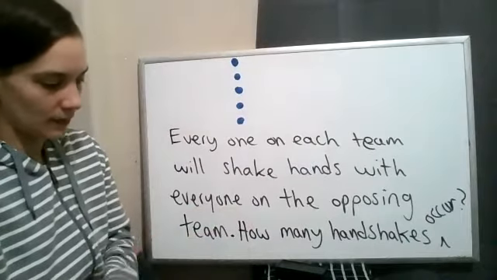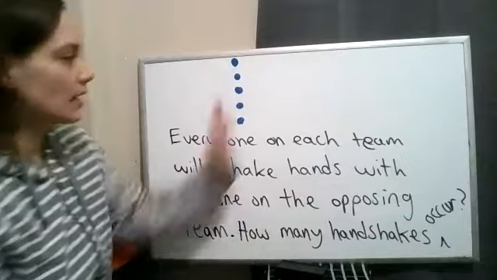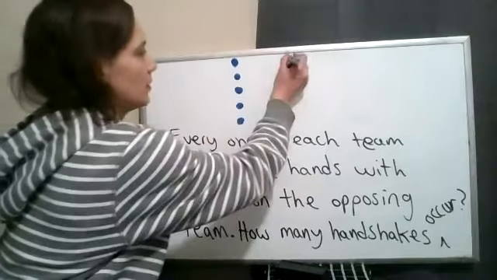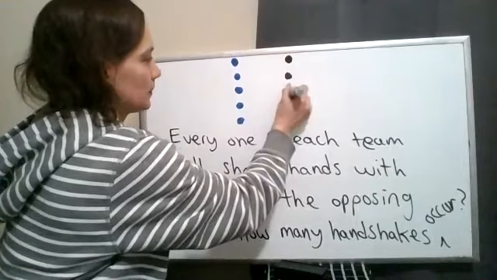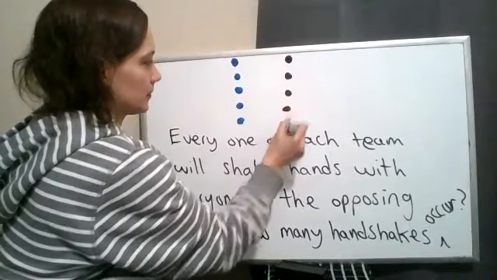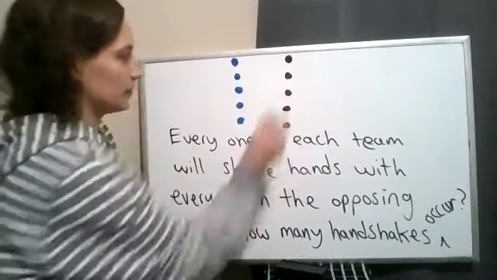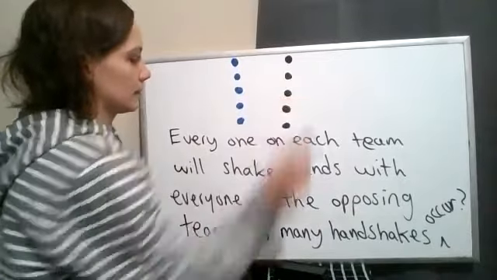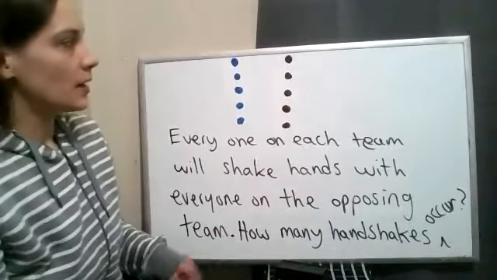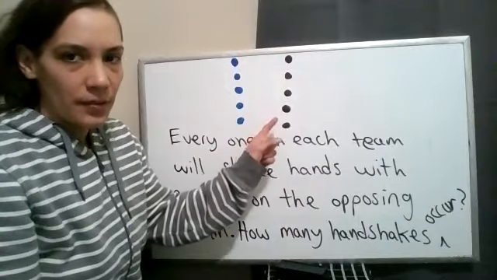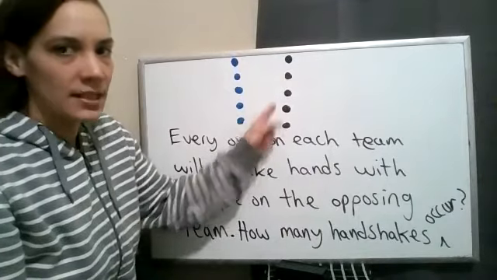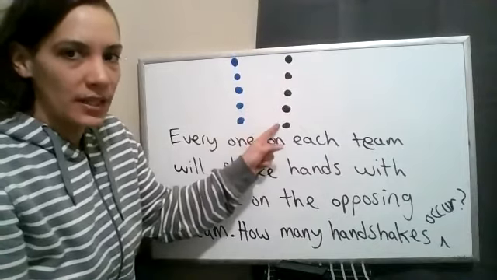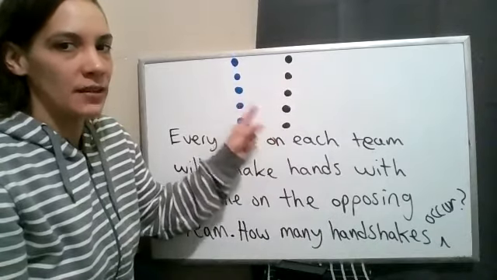The next team will put kind of over to the side 5 people. So no one from this team will shake anyone's hands from their own team. So none of these dots are connected to each other. We're only going to have connections from here over to the other team.